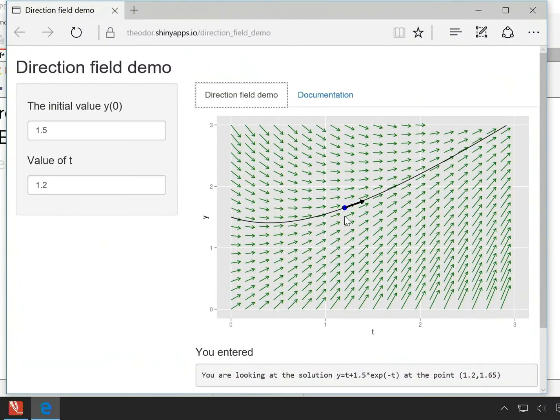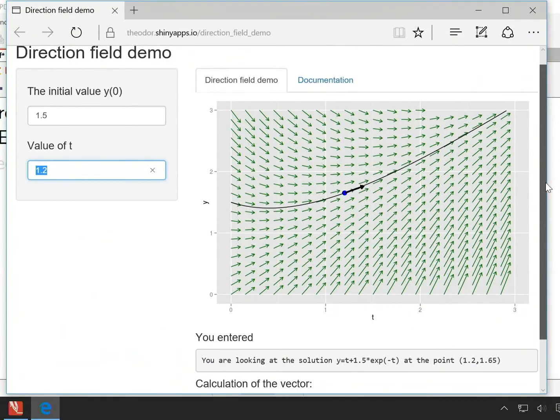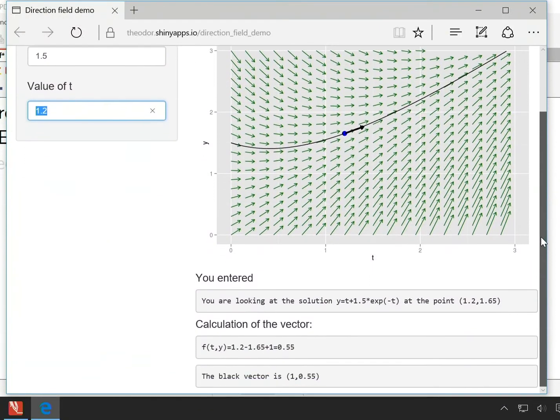So this fat blue dot is the point corresponding to the value of t is 1.2 and the value of y is whatever, so that the point belongs to the same curve. So this big black arrow is calculated as follows. Its x coordinate is 1 and its y coordinate is found like this.